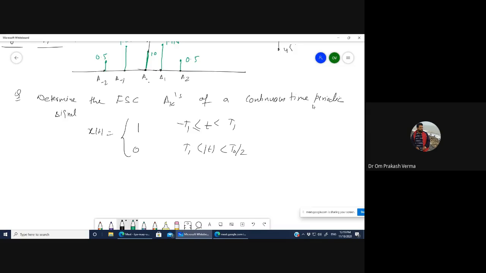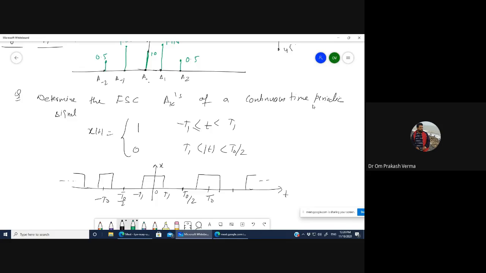It looks like this: minus t1, t1, 0, t0 by 2, minus t0 by 2, and then the signal repeats at t0 and minus t0.